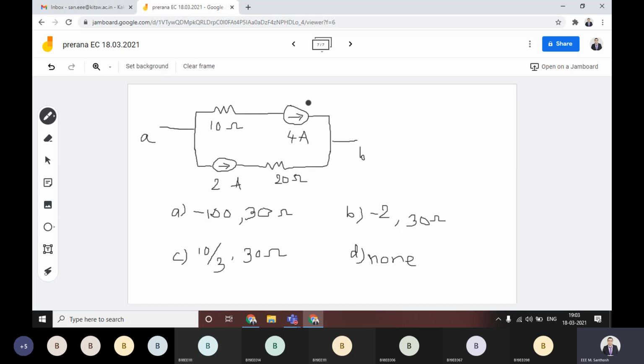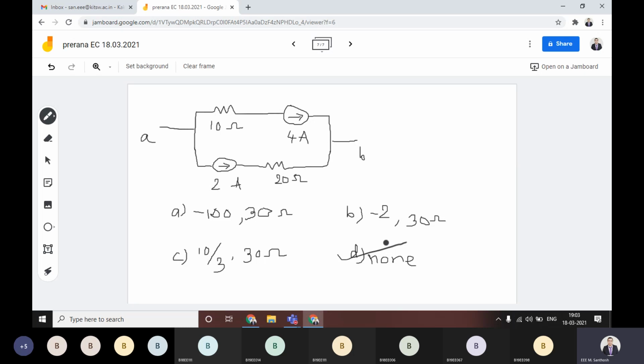This 2 ampere and 4 ampere are current sources. Then we don't know the voltage across this, we don't know the internal resistance of this. In that case, we can't calculate basically. Then exactly the answer is none. This is correct.